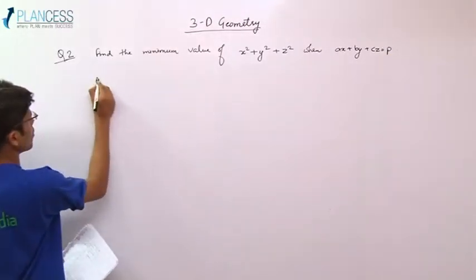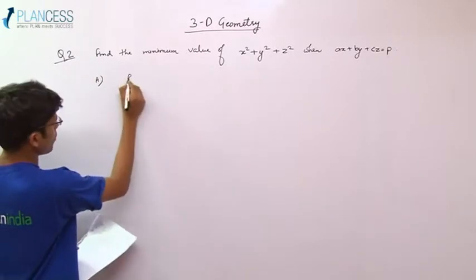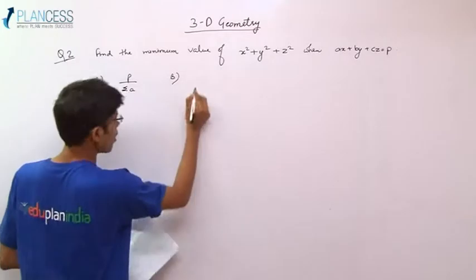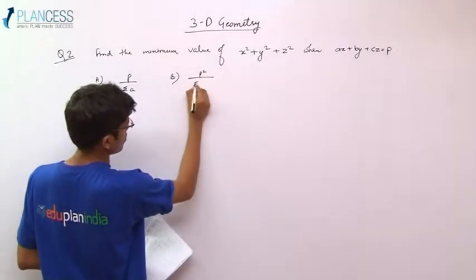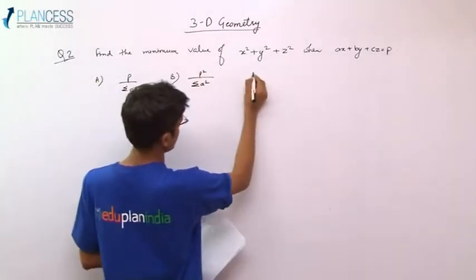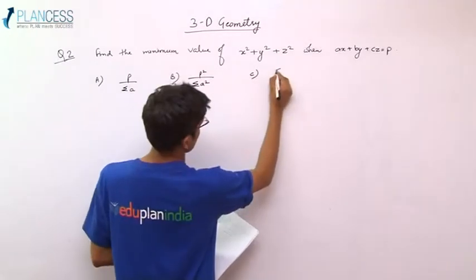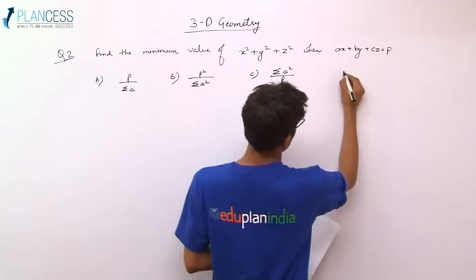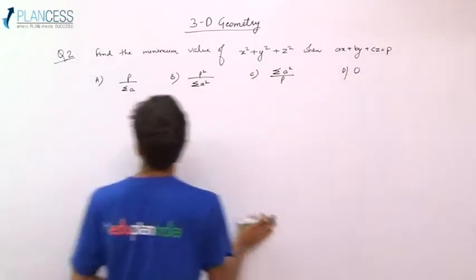Options are: first, p upon summation a; second, p square upon summation a square; third, summation a square upon p; and fourth, 0.